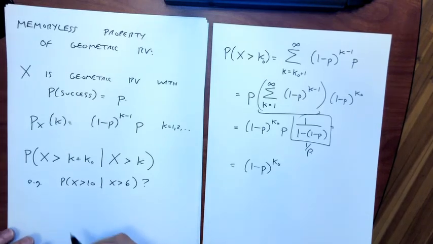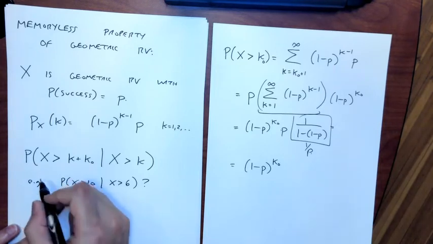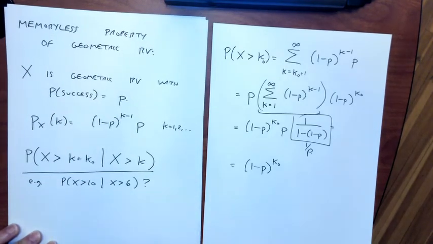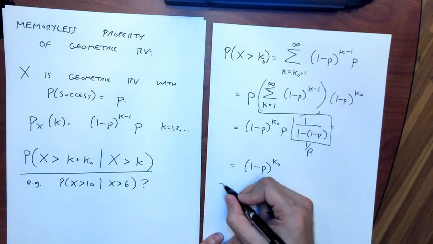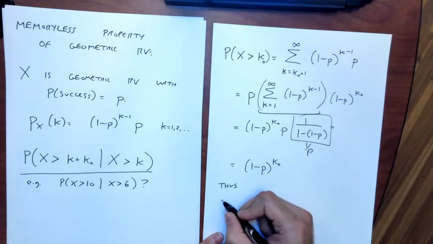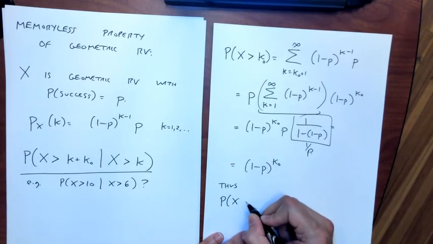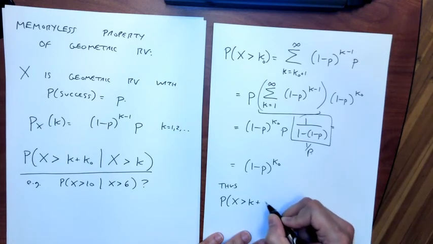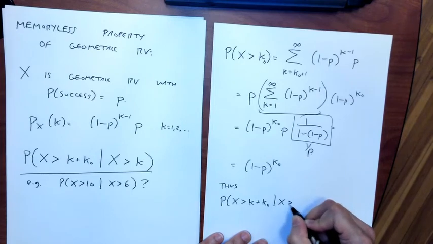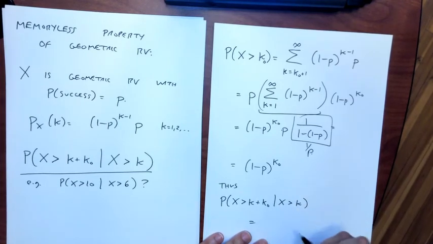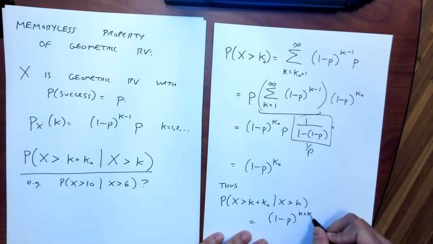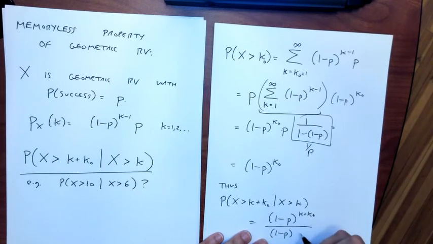And so now I could look at this conditional probability and say the probability that x is greater than this number, given that I'm already greater than that number, is going to be (1 minus p) to the k plus k0 over (1 minus p) to the k.